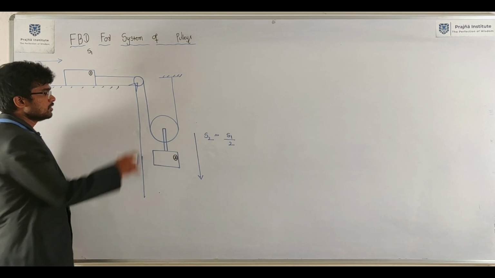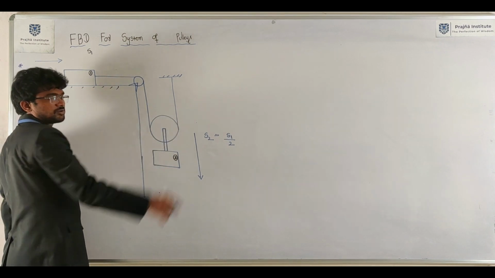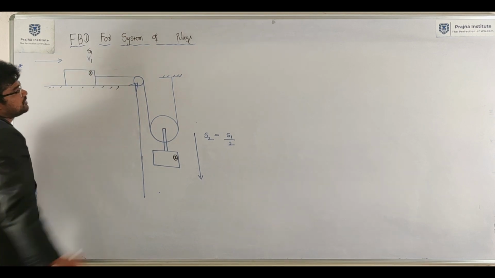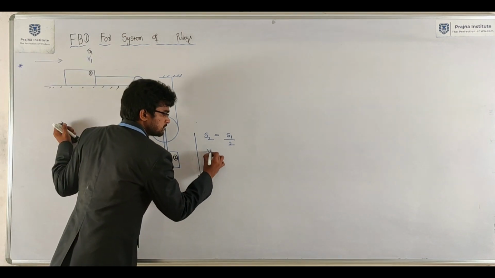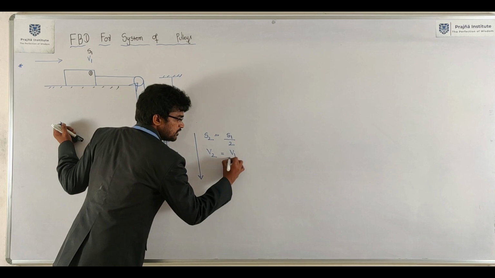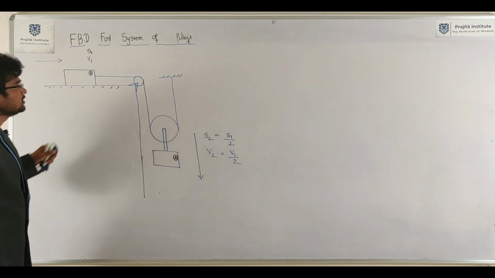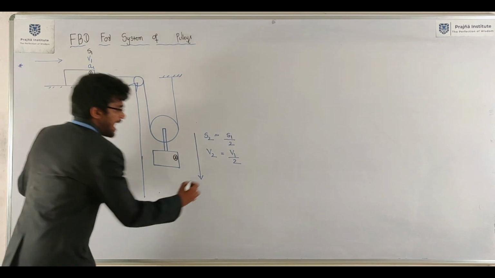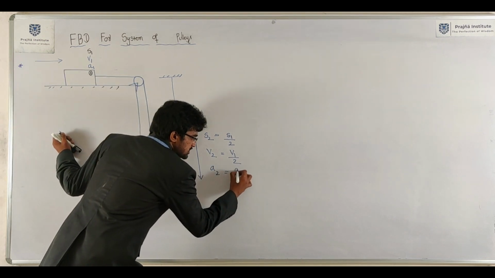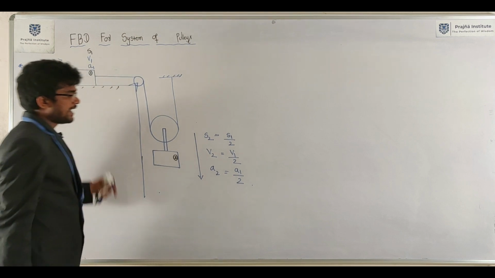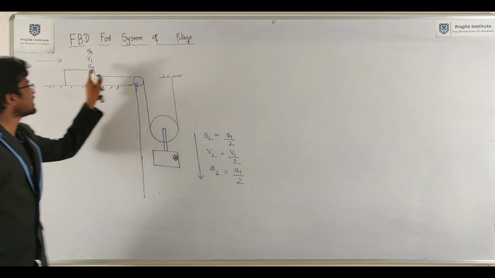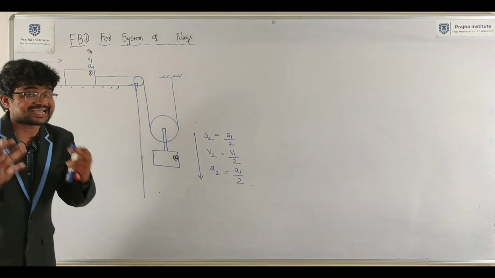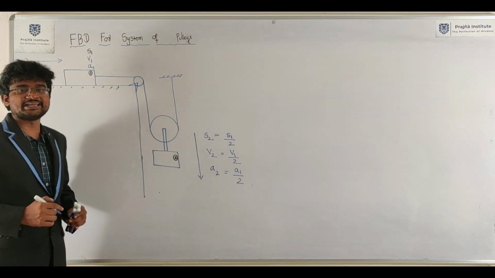Velocity of block 1 is V1, then velocity of block 2 is V2 equals V1 by 2. Acceleration of block 1 is A1, acceleration of block 2, A2, is A1 by 2. Both blocks do not have the same acceleration.